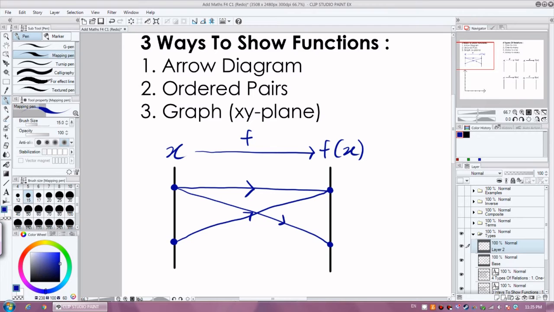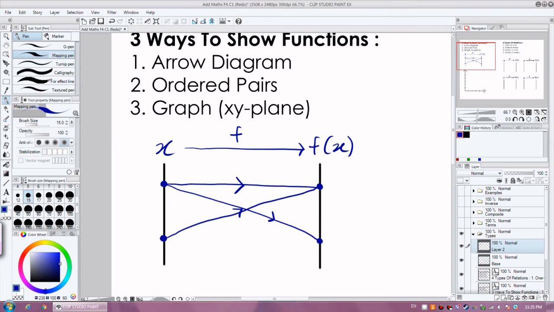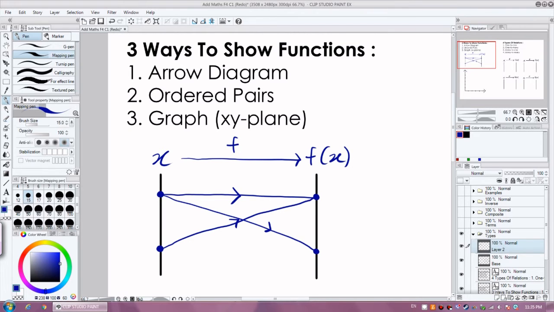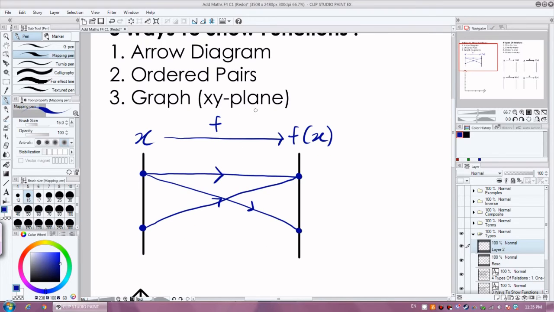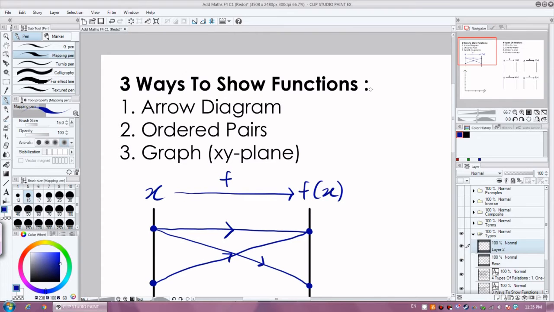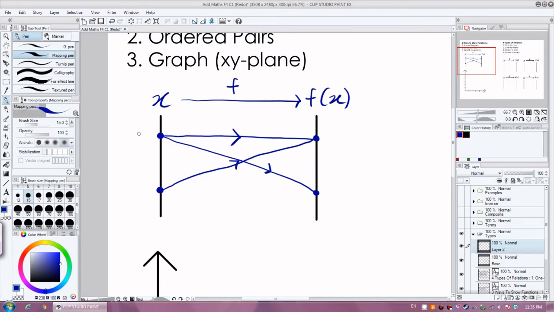Now for ordered pairs, I didn't make a diagram for this because it's not necessary. Let's say for example, I'll be using this example to show all three ways to show functions. So let's just say that this one x is 1, and then 2, and this one will be a, and this one will be b.